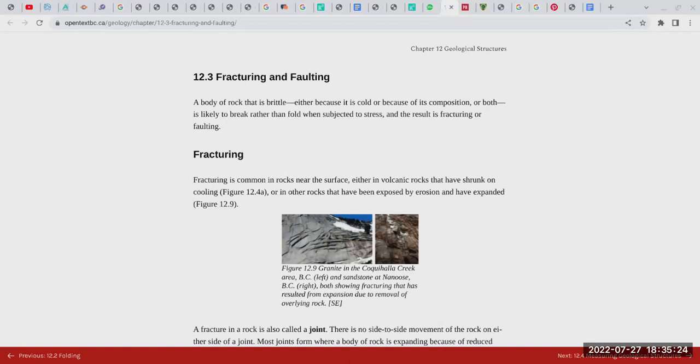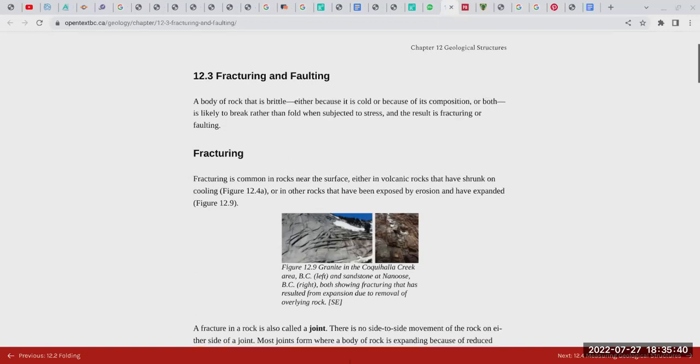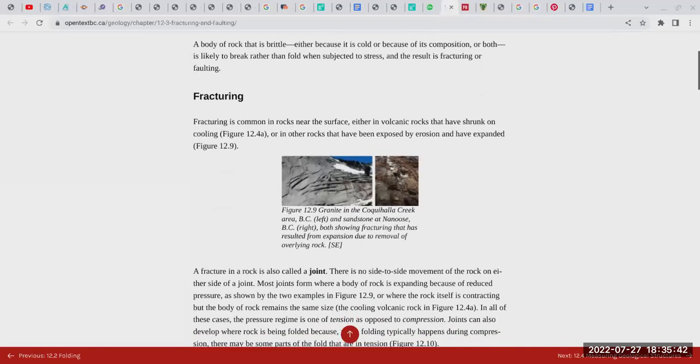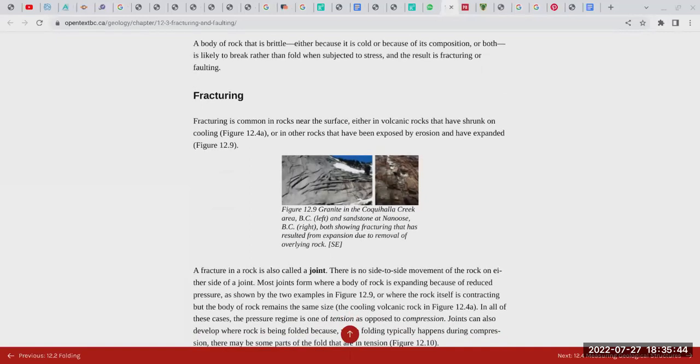So it says a body of rock that is brittle, either because it is cold or because of its composition, or both, is likely to break rather than to fold when subjected to stress, as a result of fracturing or faulting. Fracturing is common in rocks near the surface, either in volcanic rocks that have shrunk on cooling, or in other rocks that have been exposed by erosion and have expanded.